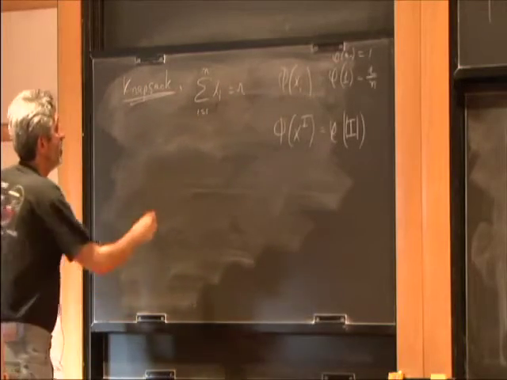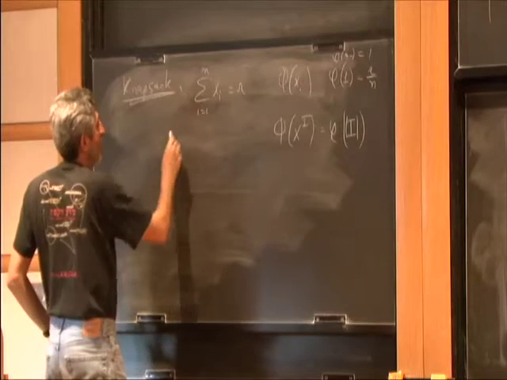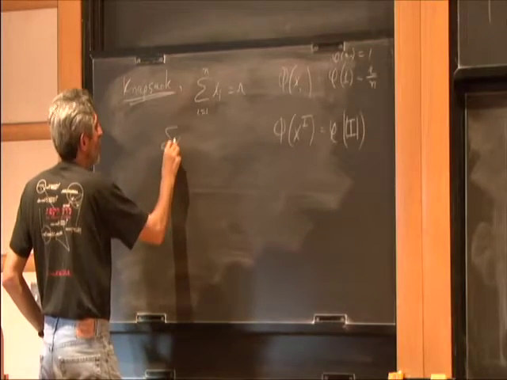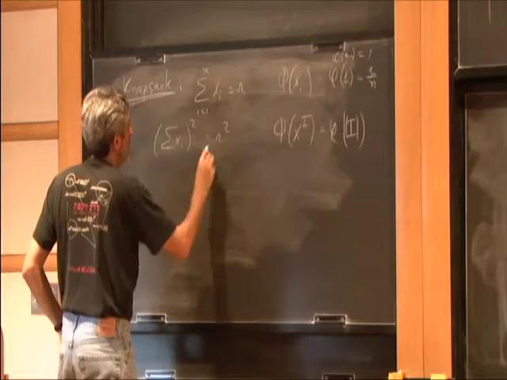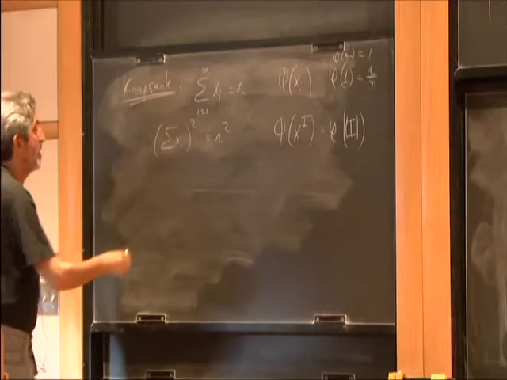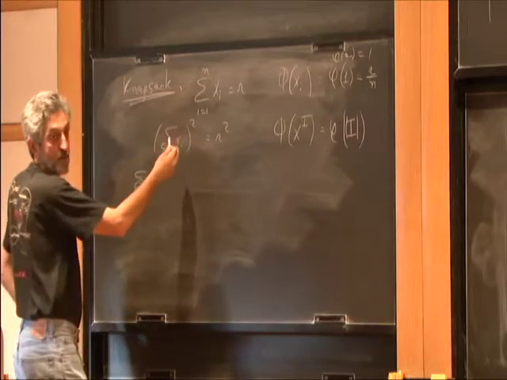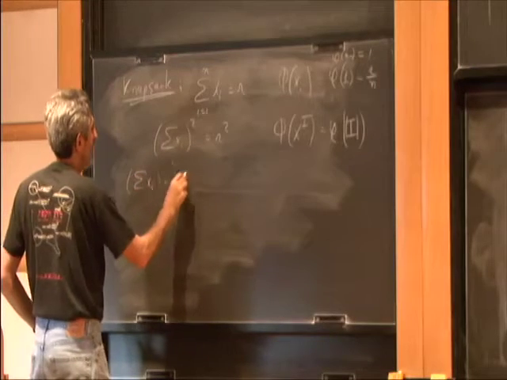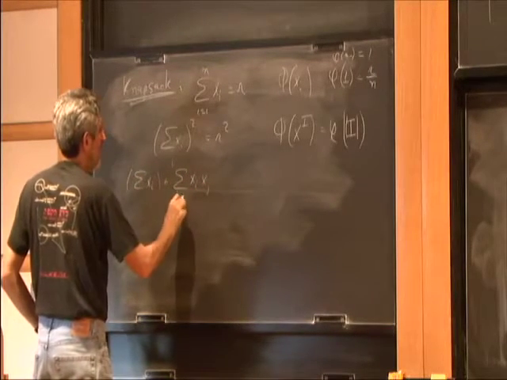Okay. What about second monomials, where we can multiply? We can look at the sum of xi squared. This is R squared. But what is this? We open it up, and we get here the sum of the xi, because xi squared equals xi, plus the sum of xi xj, i different than j.